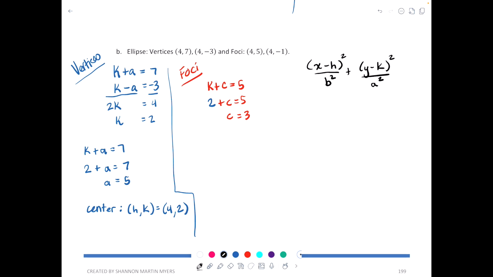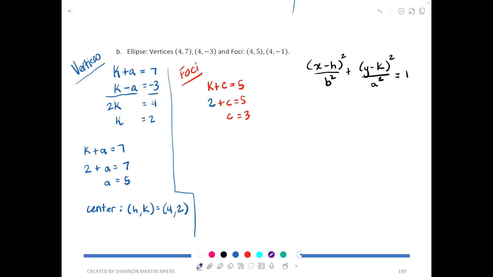The a goes underneath the variable that represents the major axis, and that's going to equal 1. So we need to utilize that. To utilize that, we need to find b using the information about c and a.